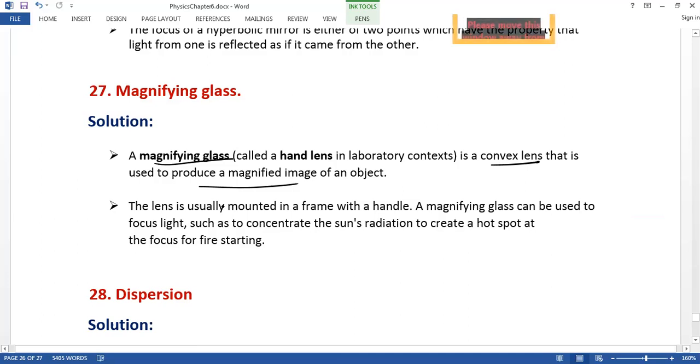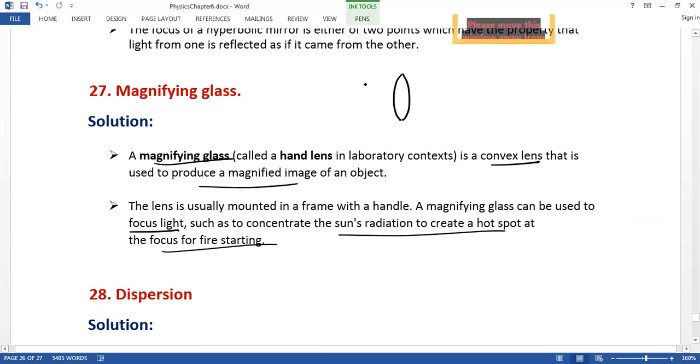The lens is usually mounted on a frame with a handle, and this magnifying glass is used to focus light. It is used to concentrate the sun's radiation to create a hot spot at a focus for fire starting. Let us take this as a magnifying glass.